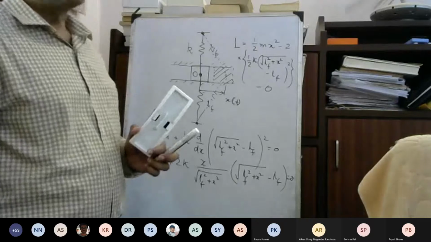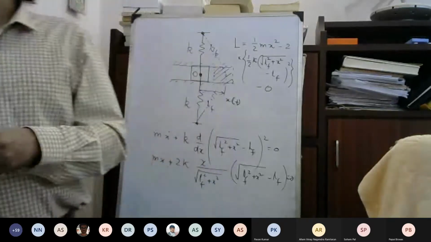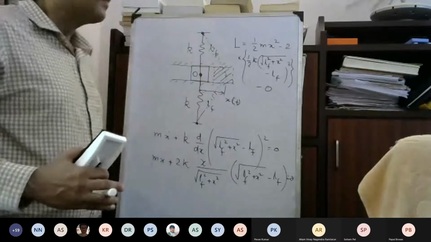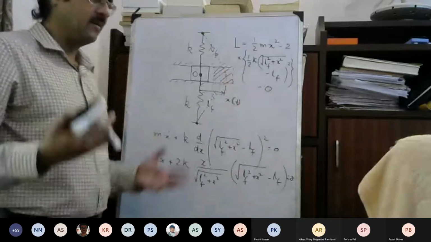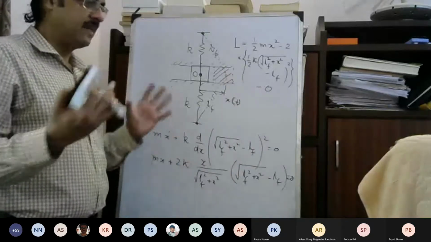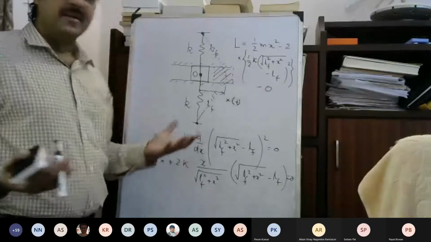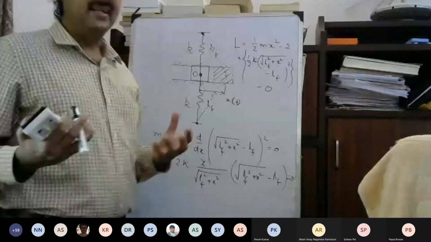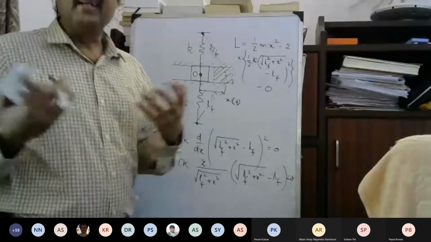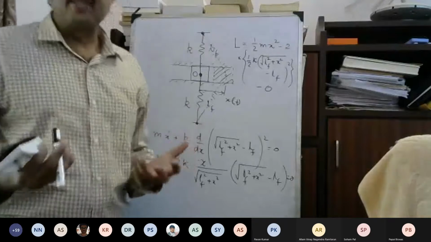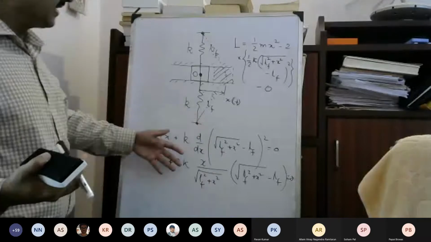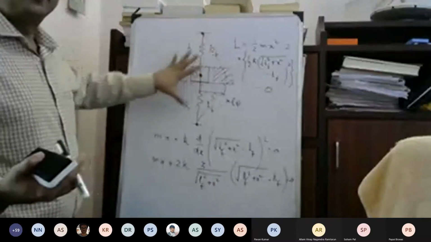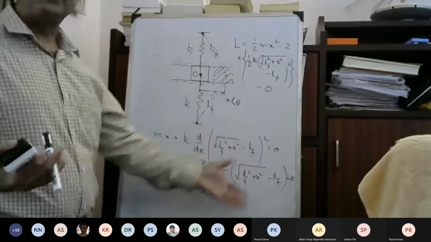In one case, the nonlinearity was in the spring, and if you take the spring to be modeling the elasticity of the body onto which the mass is connected, then the earlier case can be thought of as appearing because of material property nonlinearity. The stress-strain relationship is not linear in that case, but here the stress-strain relation is linear definitely, but because of the geometry, the arrangement is such that the nonlinear terms are coming.